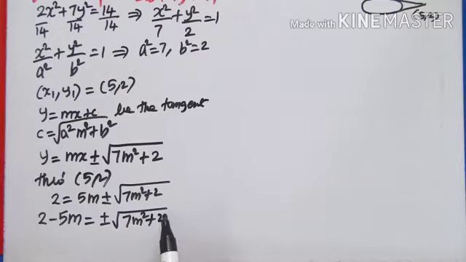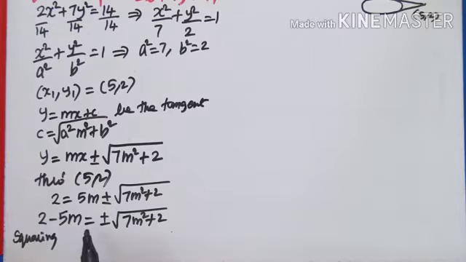Whenever square root is there, keep square root alone in one side and square on both the sides. When I square, root and square will get cancelled. That is our main idea in mathematics. Try to keep square root alone in one side so that squaring will remove the square root symbol.